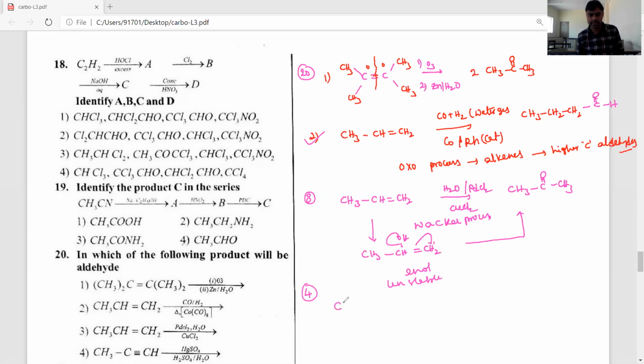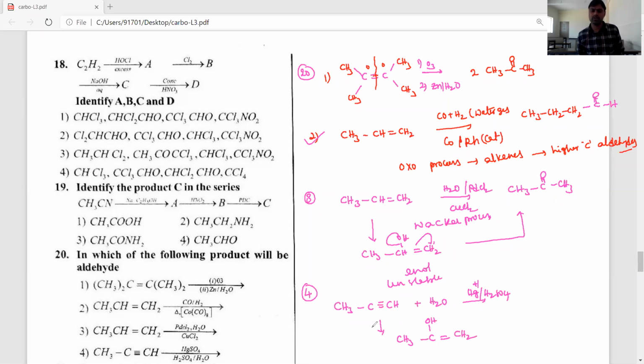Fourth option, let's see, propene. Propene upon hydration in the presence of heavy metal Hg2+ followed by H2SO4 produces an intermediate product, CH3-C(OH)=CH2.